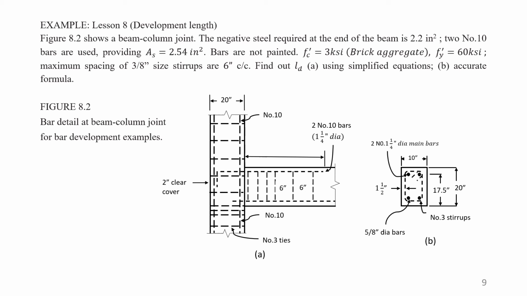In this development length, we normally require the maximum spacing, not the minimum spacing. That's why the spacing near the column is not mentioned. Those are smaller spacings, but where the spacing is 16 center, that will come into effect. And these are the given values. We'll go for the calculation now.